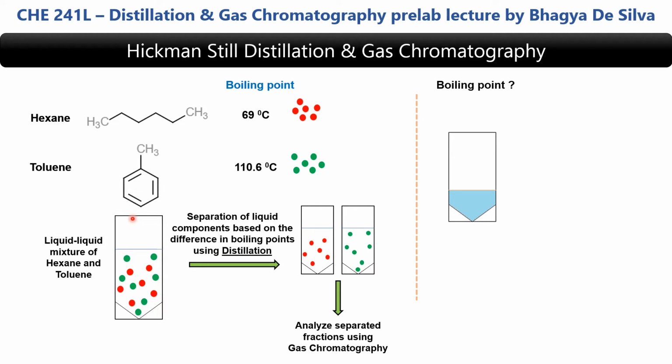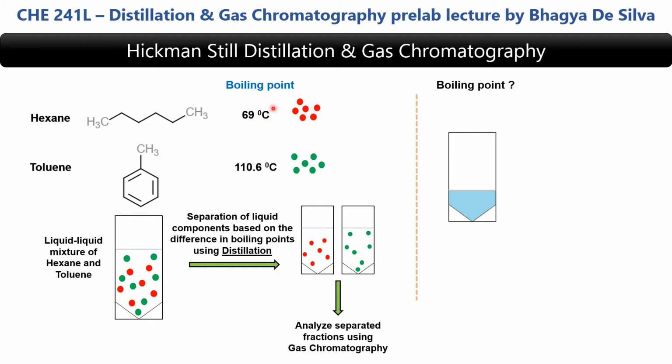For our experiment today, we're going to use a liquid mixture prepared by mixing hexane and toluene. Based on what we learned in the previous class, both of these compounds are nonpolar, therefore they are miscible with each other.